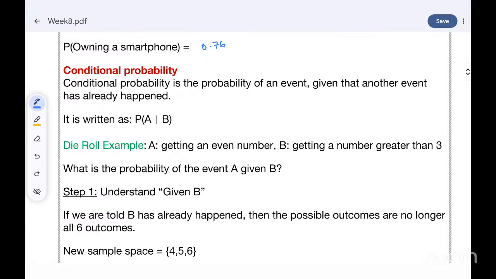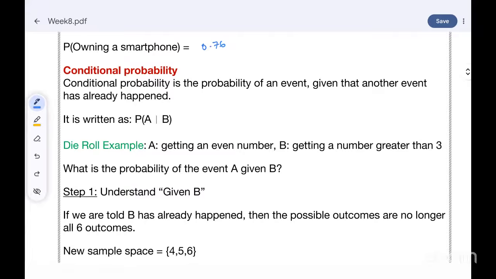In marginal probability, we were considering only one event and neglecting the other one. But when we are looking at conditional probability, we are assuming that one event has already happened. In that scenario, what is the probability of the other event also happening? This is conditional probability.